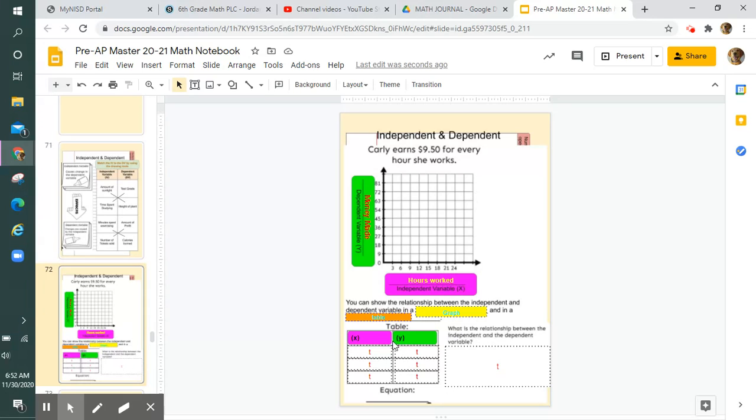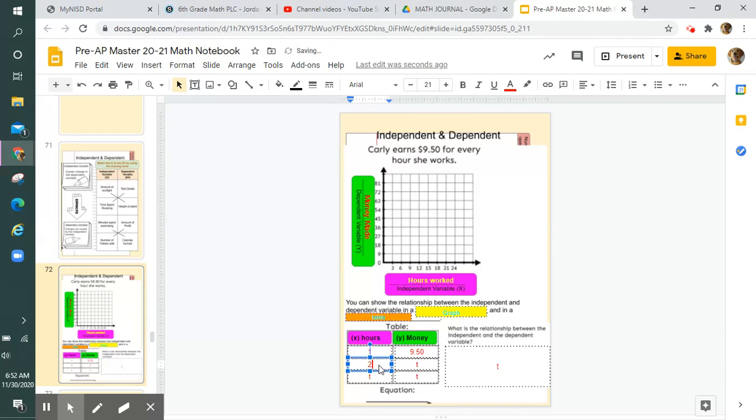Okay, so it says she earned $9.50 for every hour she works. So if she works 1 hour, remember our X is the hours, so I'm going to put hours right here, and our Y is the money. So if she works 1 hour, she makes $9.50. So we're going to put 9.50. We're going to keep going.